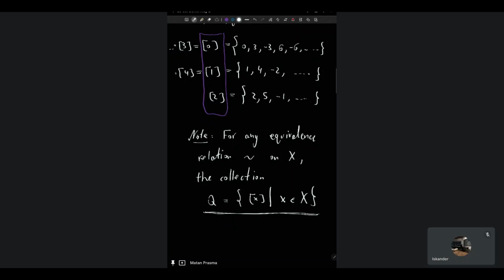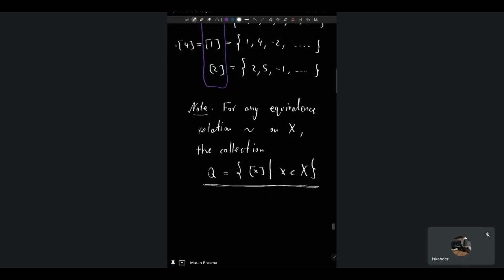But nevertheless, I can write set because in a set we remove repetitions. And the collection of all equivalence classes of the relation tilde is what is called a partition.